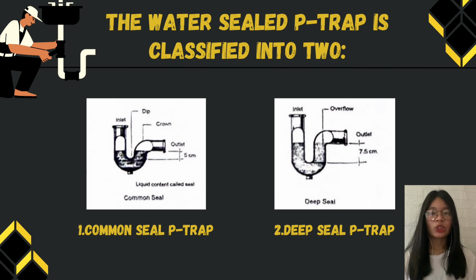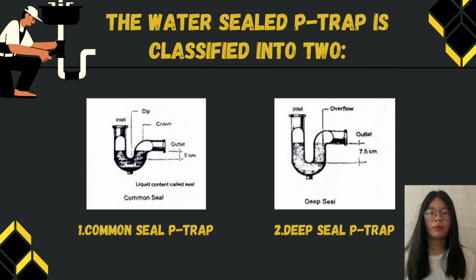The deep seal P-trap has a 7.5 to 10 centimeter column of liquid between the overflow and the dip. This trap may be used under normal conditions but it is purposely designed for abnormal situations such as extreme heat in the area, increase and decrease of atmospheric pressure, and circumstances where total ventilation cannot be obtained.